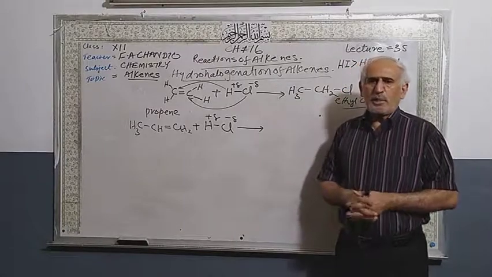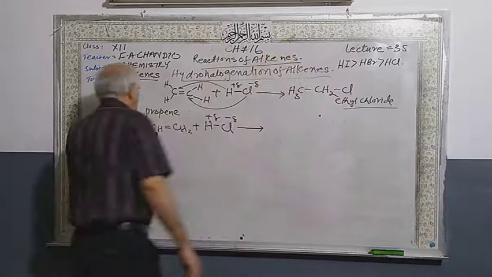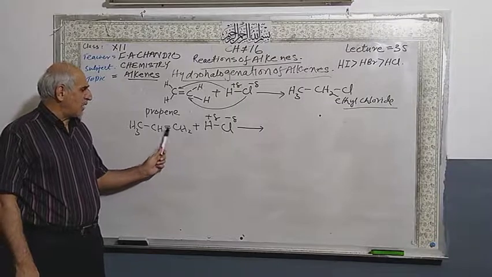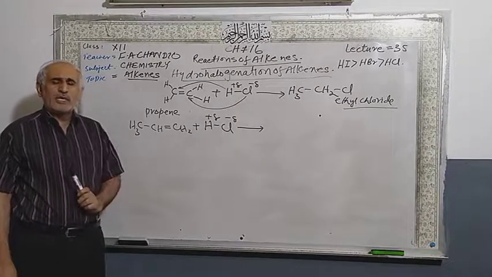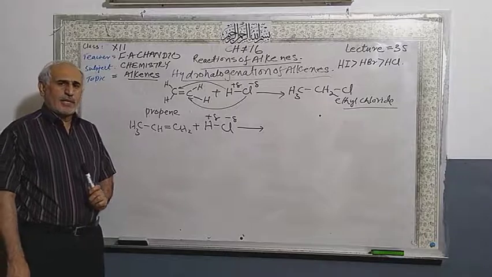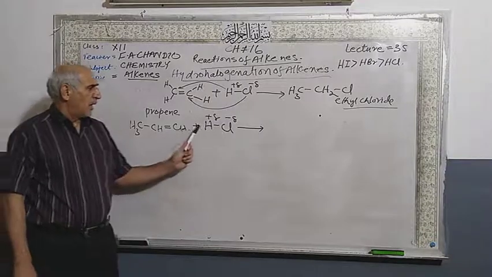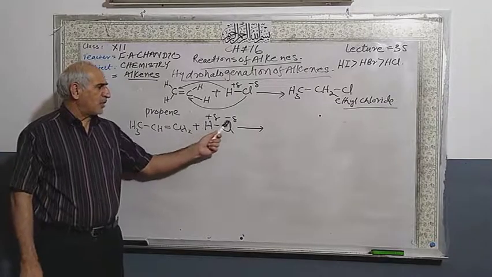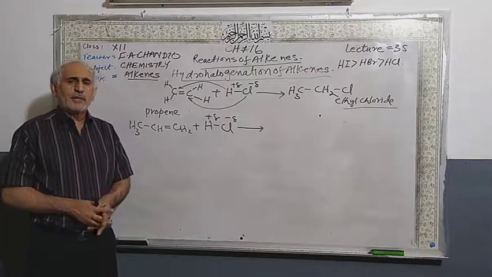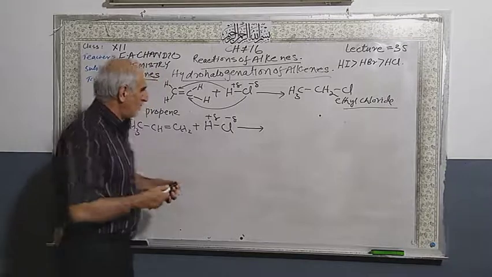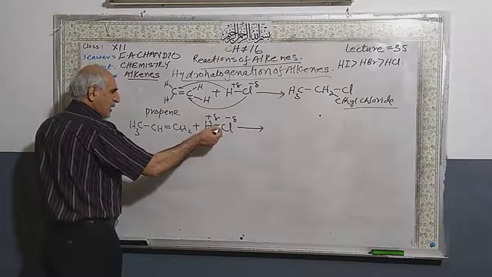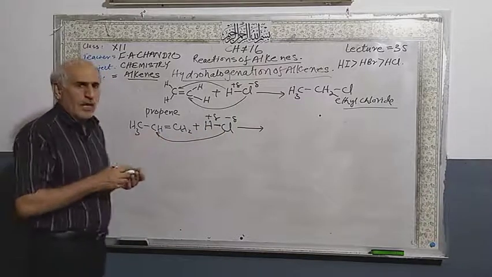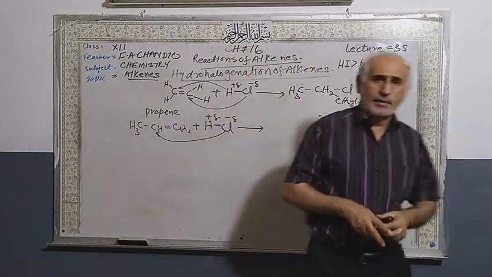So according to Markovnikov's rule, if we have an unsymmetrical alkene, with a different number of hydrogen atoms attached to the carbons containing the double covalent bond, and you add an unsymmetrical reagent which contains partial positive hydrogen and negative chlorine, this rule states that the negative part of the reagent is going to attach to the carbon containing the least number of hydrogen atoms, or no hydrogen atoms.